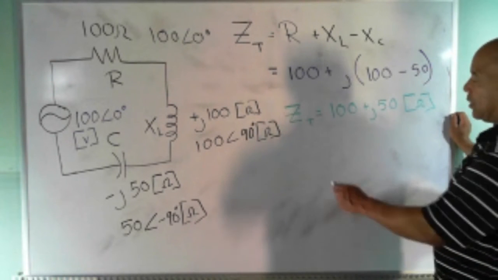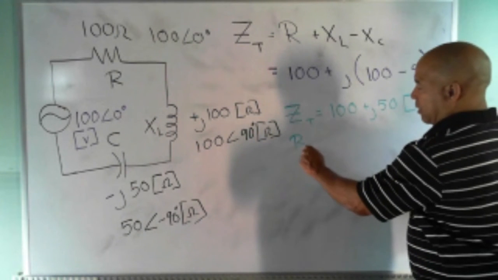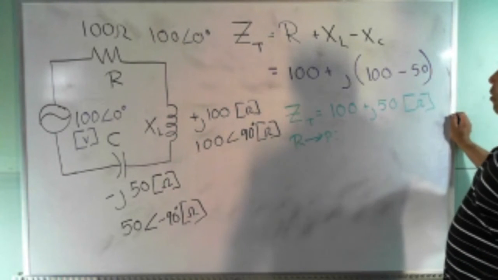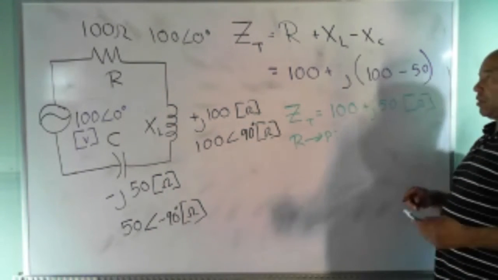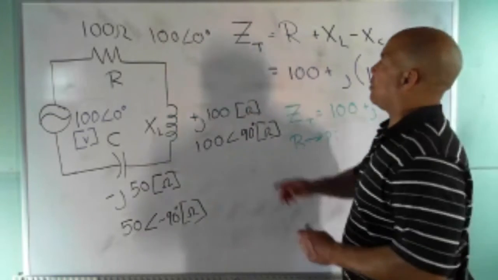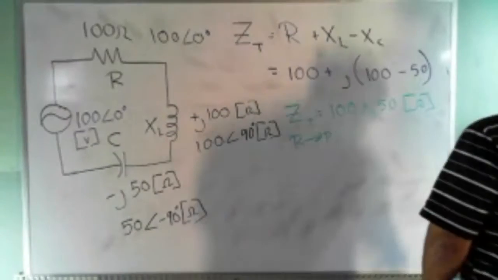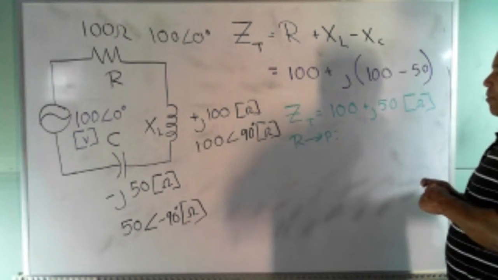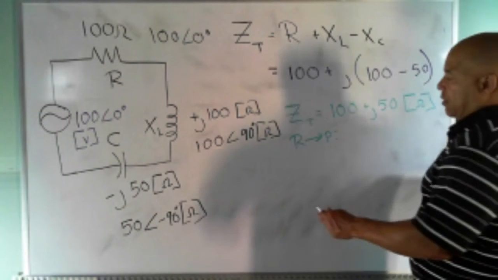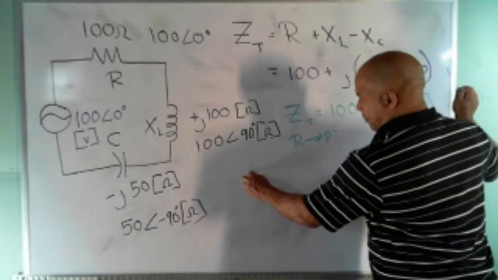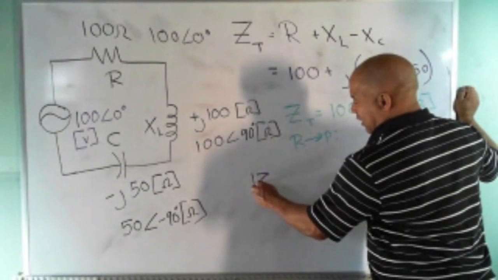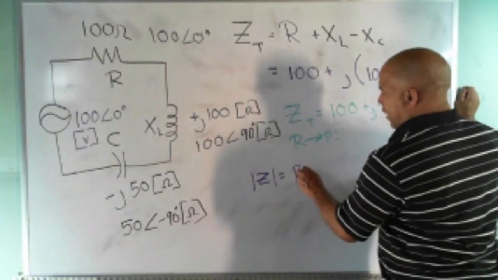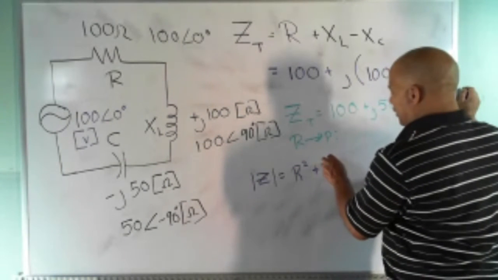And now what you want to do is take it from rectangular and convert it to polar. We always want to work in polar form. So I have to convert this over to polar, and that's how I express my answer for Z. I have to find the length of my radius vector. The way you do that, the magnitude of Z is going to be the square root of R squared plus X squared.